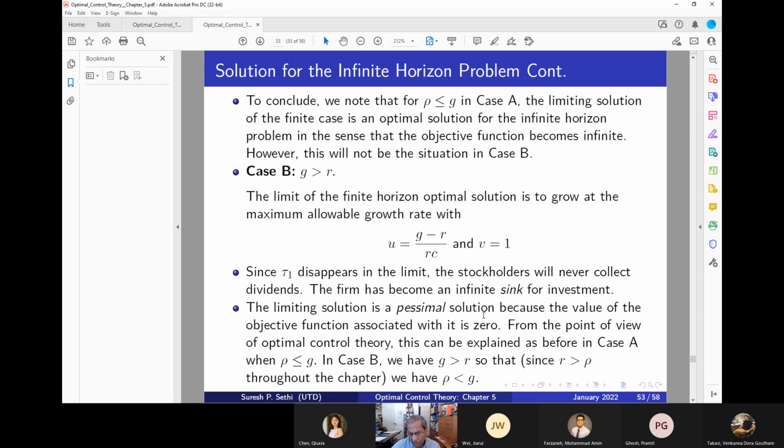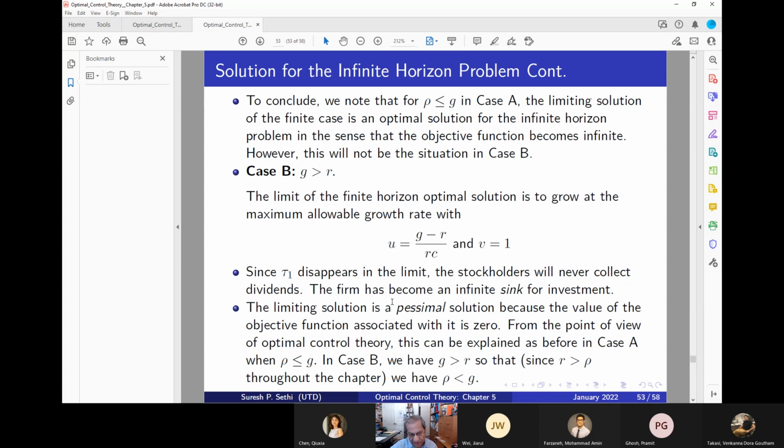So the value of the firm from the point of view of the stockholder is 0, if you take the dividend into account. So I call that solution pessimal. That means an optimal solution, which you take the limit, becomes the worst possible solution ever.